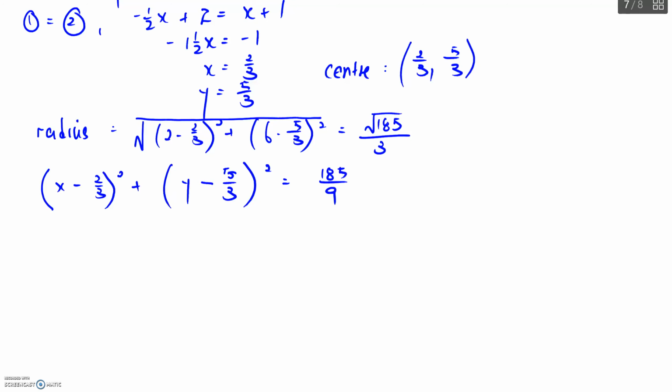This is the equation of the circle in standard form.